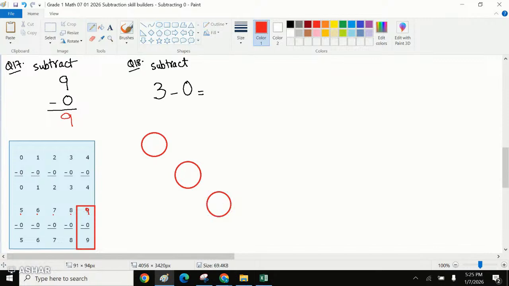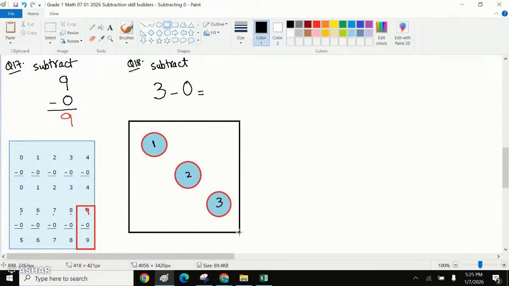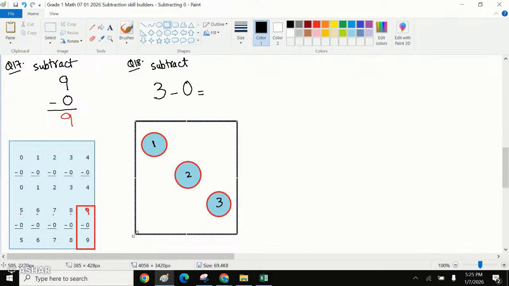If we assume 3 circles and we shade these circles for our convenience, numbering them 1, 2, and 3, what should be the answer when 0 is subtracted? 3 minus 0 means we are not removing any circle. How many circles are left? We will be left with 3 circles because minus 0 means we are not removing anything. Thank you so much.